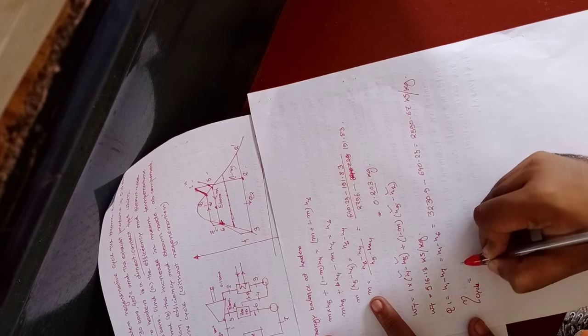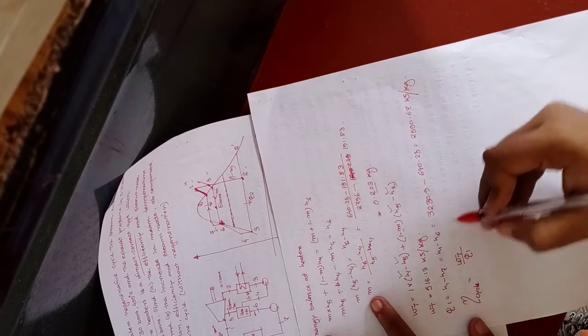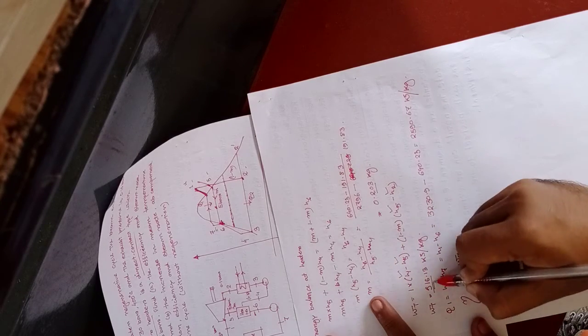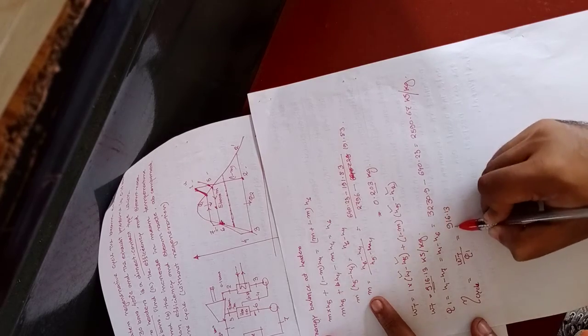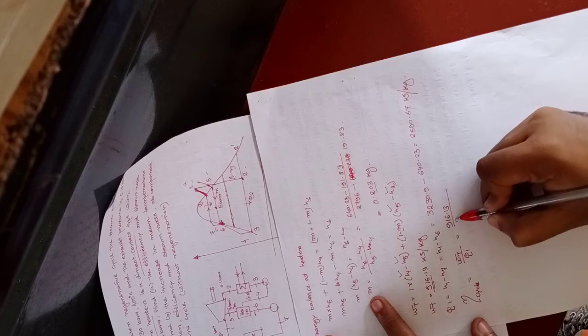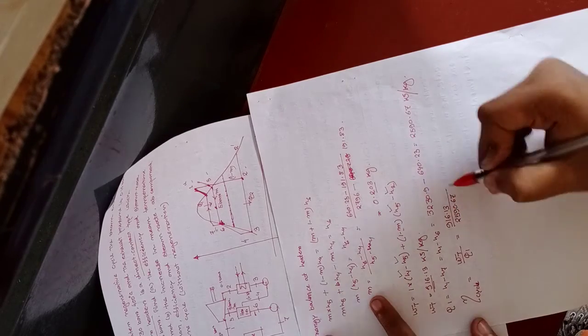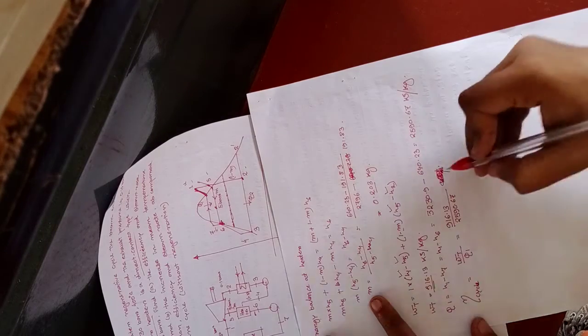It will come WT by Q1. So what is the WT? We have got over here 916.13 by Q1, which is 2590.67 kilojoule. Oh sorry, this is unitless.